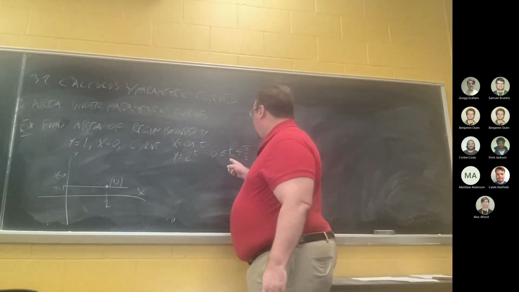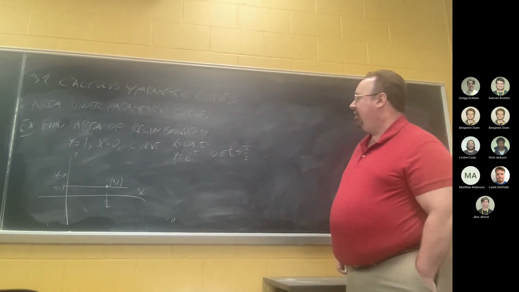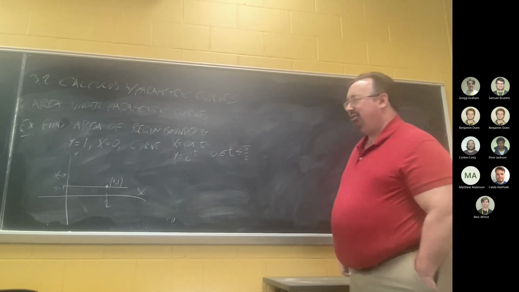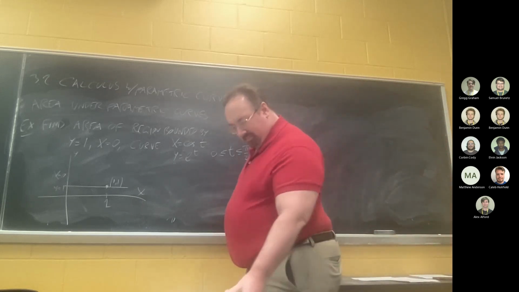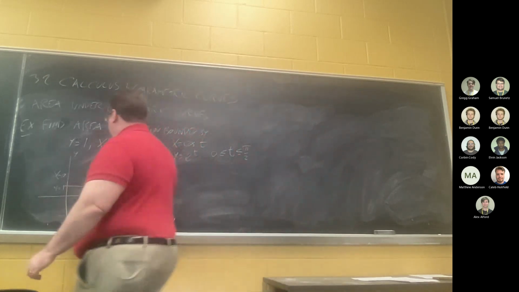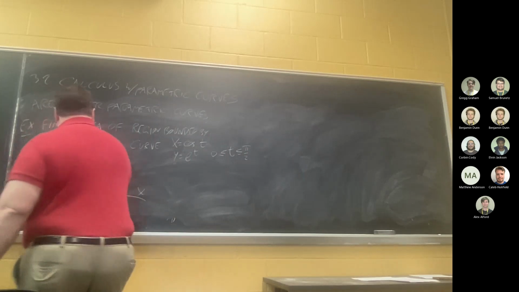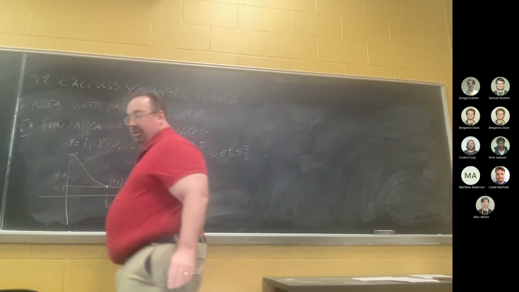And where are we at when t is equal to pi over 2? 0, and e to the pi over 2, which is a little short of 5. So it's up here somewhere. So the curve behaves something like this. So this is the region we want the area of.